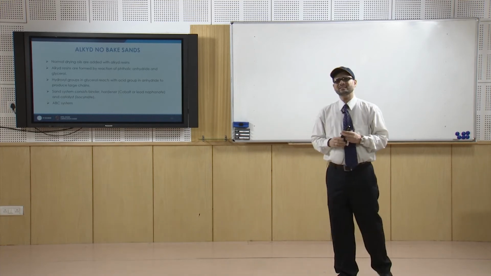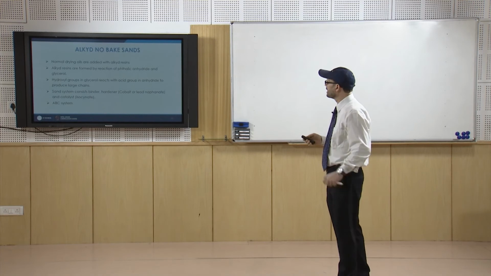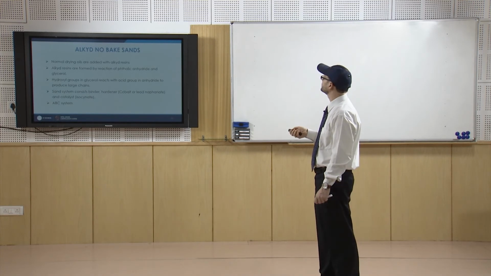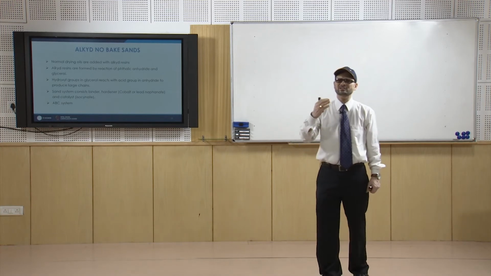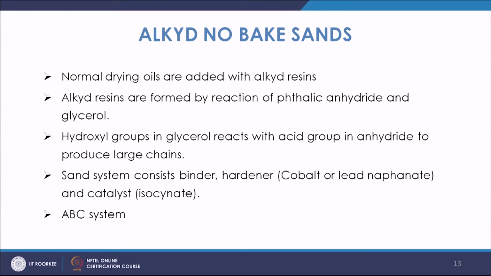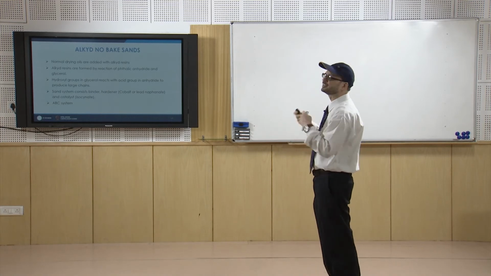Then one of the other varieties is alkyd no bake sands. In that case, as the name indicates, baking is not required. In this case you use the normal drying oils. Normal drying oils which are used for making cores are known as core oil. Now, in that case you are mixing these oils with certain resins, known as alkyd resins.